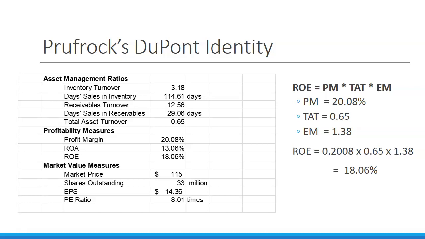But this also helps us see how we can change different measures within our company, by maybe increasing our profit or changing our total asset turnover or changing our debt structure, that could change our return on equity results.